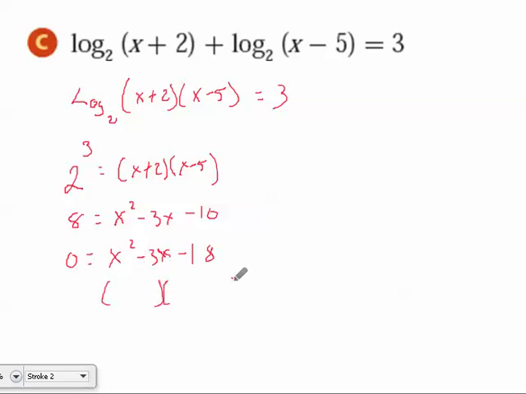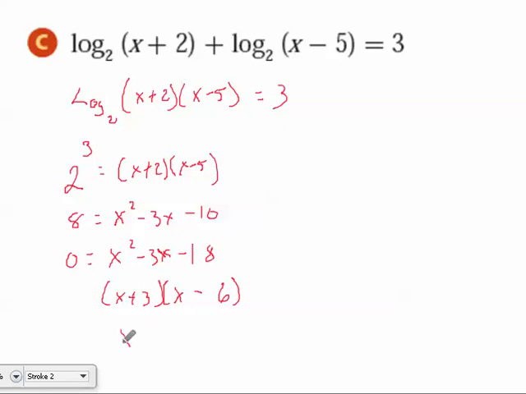What multiplies to give me 18? 2 and 9. Well, that's not going to do it. How about 3 and 6? That would do it. I could say x minus 6 and x plus 3. Why? Because minus 6 and 3 gives me a negative 3, and minus 6 times 3 gives me a negative 18.